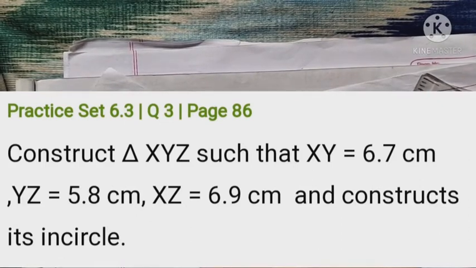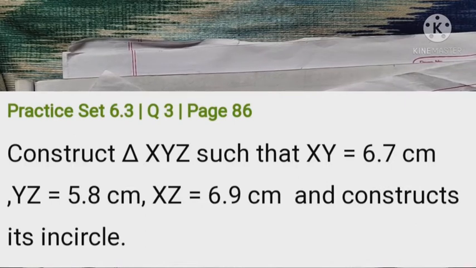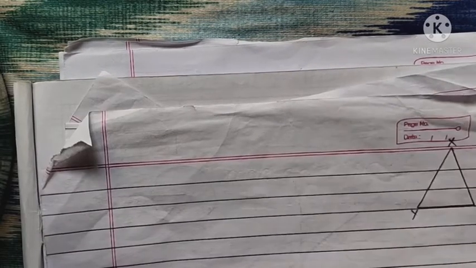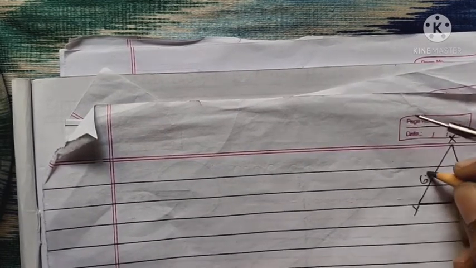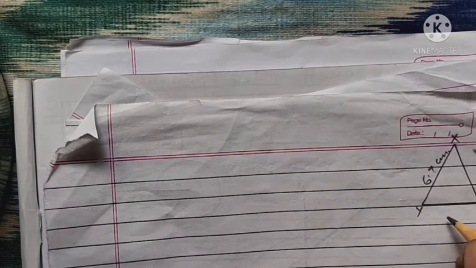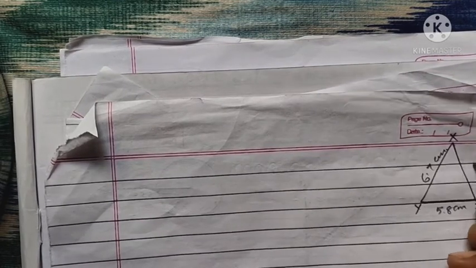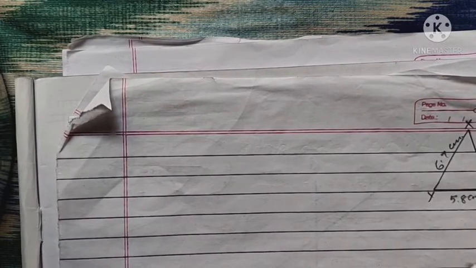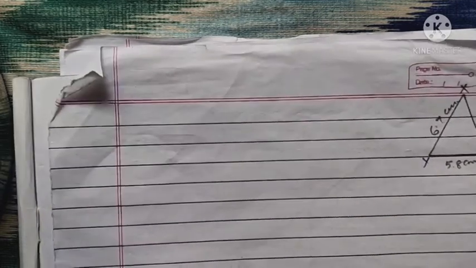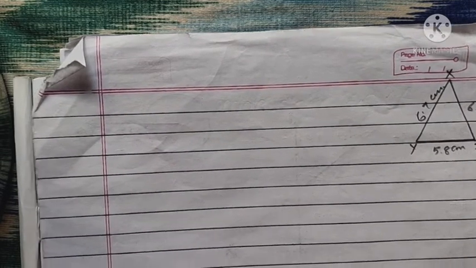In the rough figure, you need only draw the triangle of the given measures. So let's start. First construct the triangle of this measure.